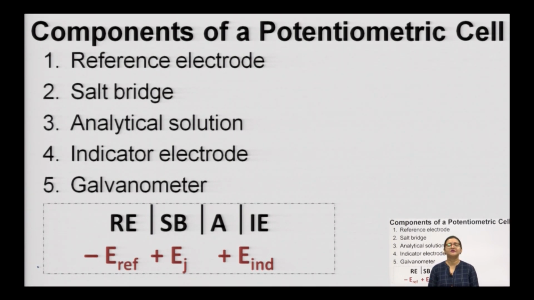Then next comes the indicator electrode, which is the most important component of the potentiometric cell.